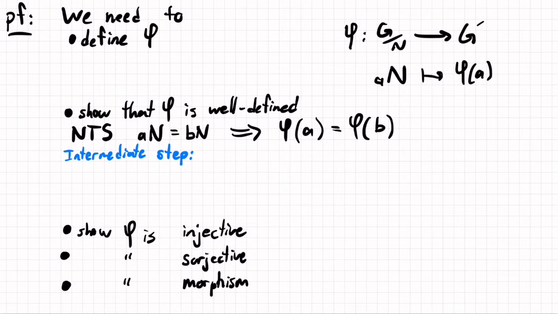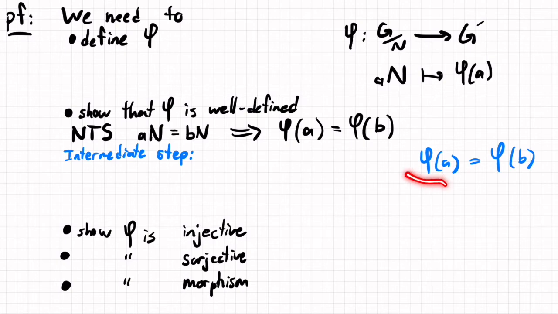This step might seem like it's coming out of nowhere. So I want to illustrate why we would take this intermediate step before we actually take it. So let's consider maybe over here phi of a equals phi of b. So rather than starting from the thing that we know, let's start from the thing that we're trying to prove and work backwards.